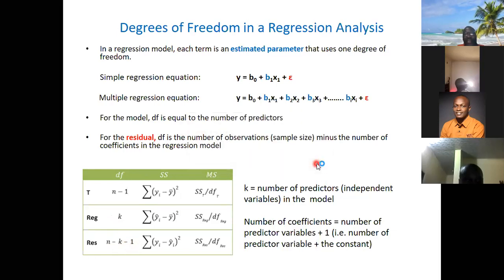This one is the number of the constant, that is B0. So you see that the total degree of freedom will be N minus 1, for the regression model it is K, and for the residual it is N minus K minus 1.